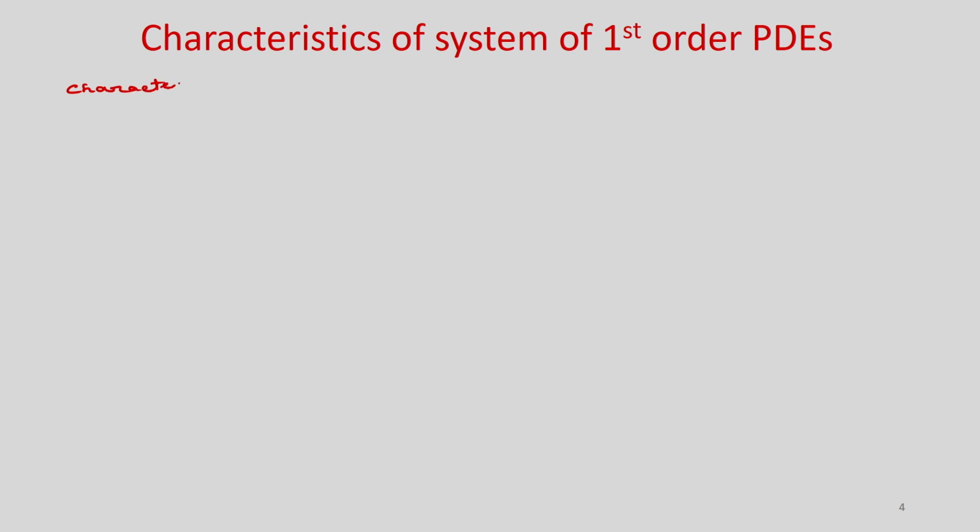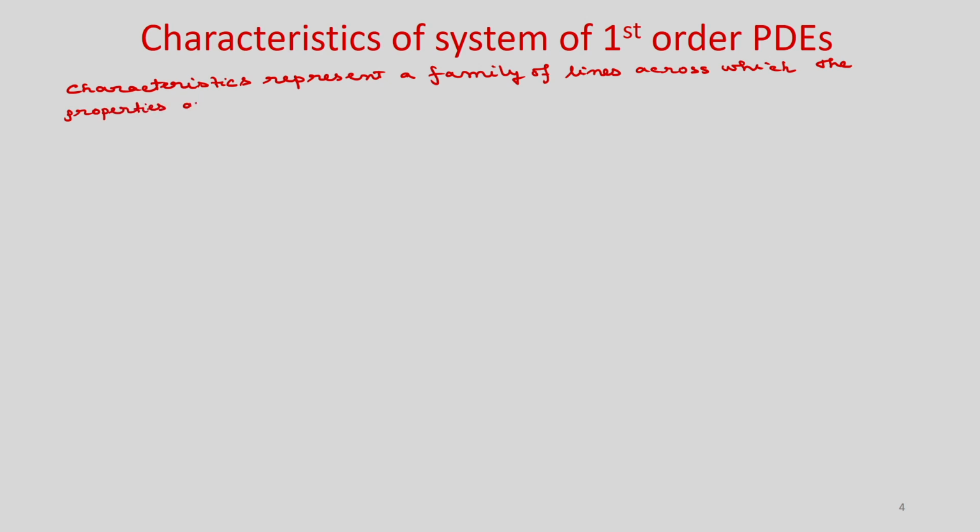So, characteristics represent a family of lines across which the properties are continuous, whereas there may be discontinuity in their derivatives.